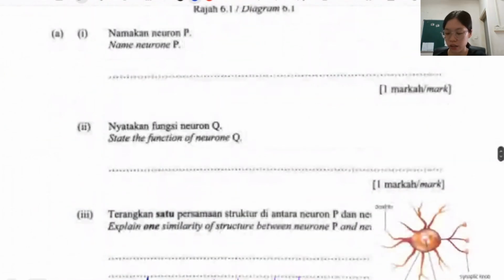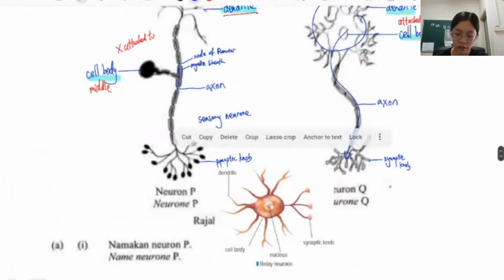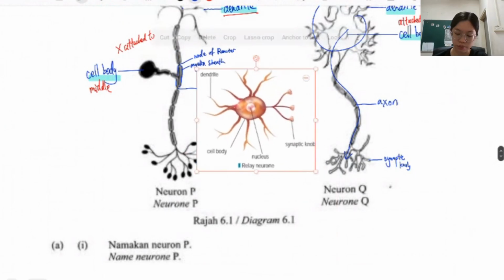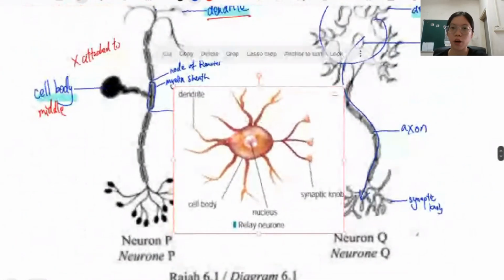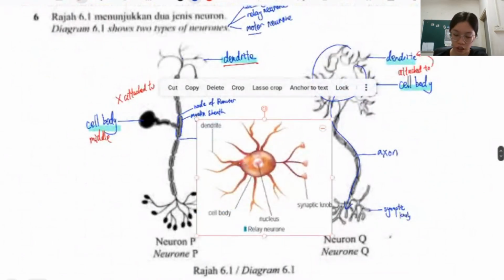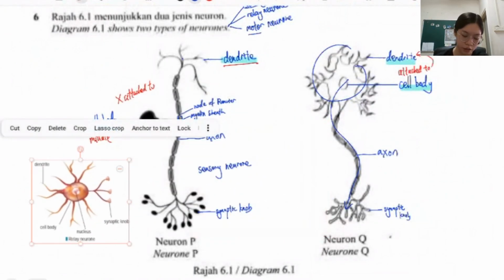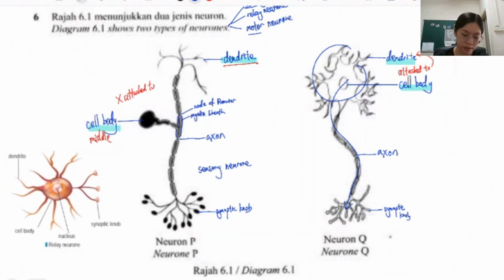If you look at your textbook, the relay neuron looks straight out like this. You can see a very obvious difference between them. Just that motor and sensory are quite hard to differentiate, so you just have to memorize this identification: the cell body is in the middle and not attached to the dendrite, that one is a sensory neuron.